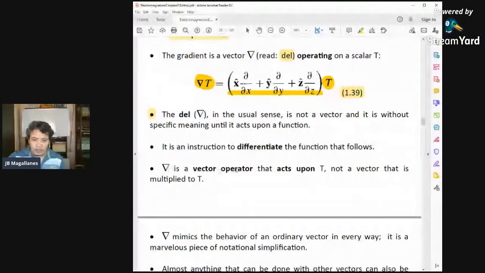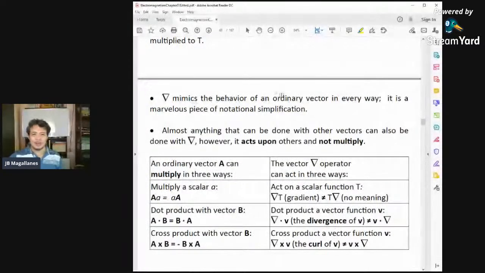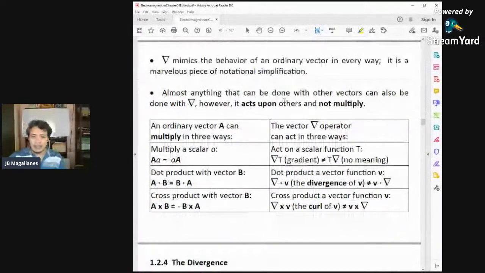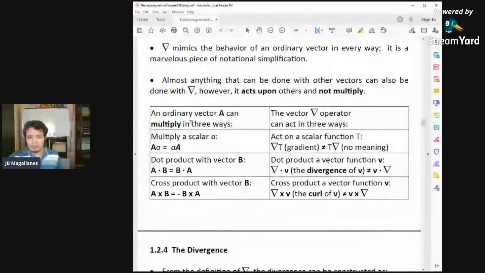So del is a vector operator that acts upon T, not a vector that is multiplied to T. Del is a vector operator that acts upon T, not a vector that is multiplied to T. This del mimics the behavior of an ordinary vector.